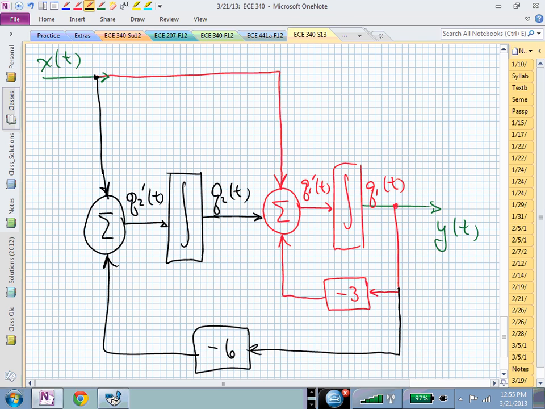Yes? Yes, we're always going to assume that we have access to the output and the input. And everything that's in here, now you could just put a big block around this and say, this is my system. And I can't get into that. Maybe that's a car engine. Maybe you can sense some input to that. Maybe it's the fuel flow, and the output might be the RPM measurement of your engine.